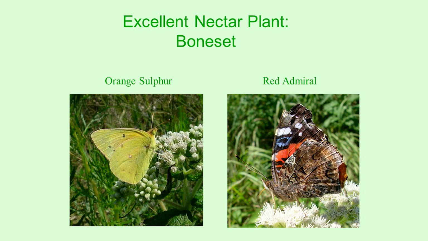But they're good plants, and if you are able to water them if you have a real dry spell, I think they're very good plants to grow in your yard. Both of these are a little bit later in the summer than some of the other ones that I just showed you. And in this case, we've got an orange sulfur butterfly and a red admiral.